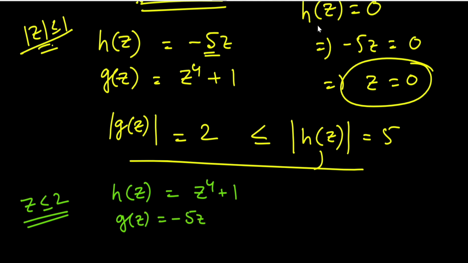For this region we choose f(z) and g(z) such that |g(z)| is less than or equal to |h(z)|.